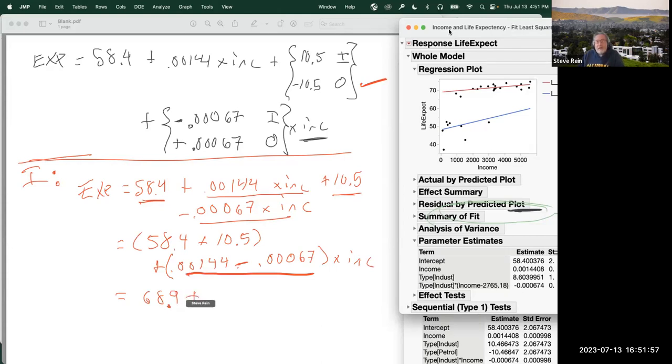Plus, I've got a slope which is positive 0.00144, but I have to decrease that slope by 0.00067. So 0.00144 minus 0.00067 gives me about 0.00077.